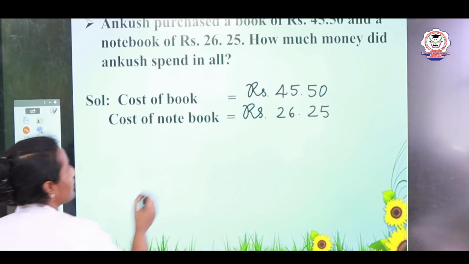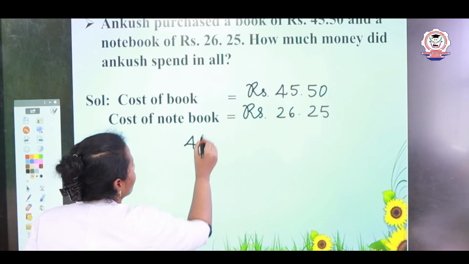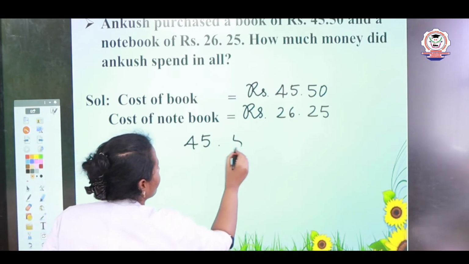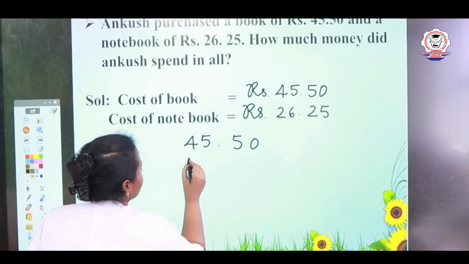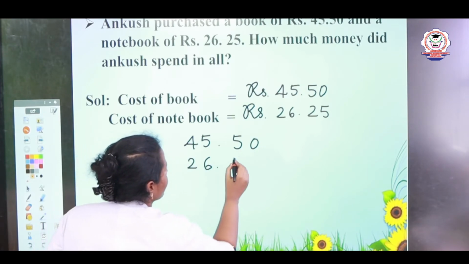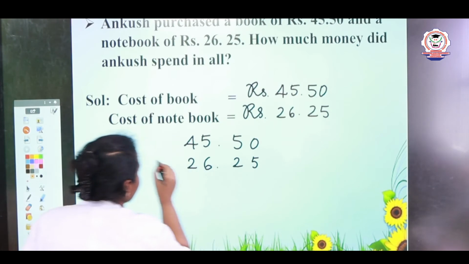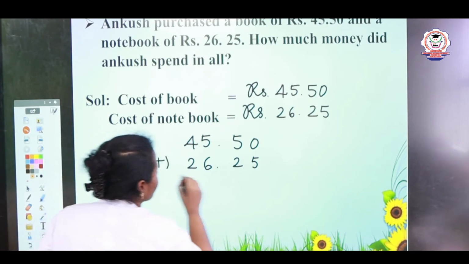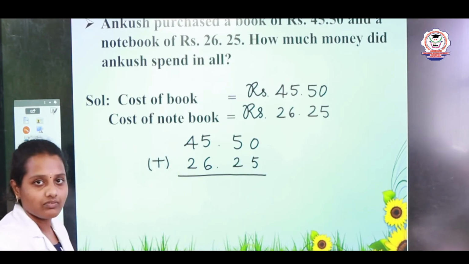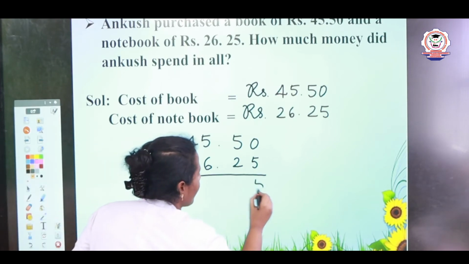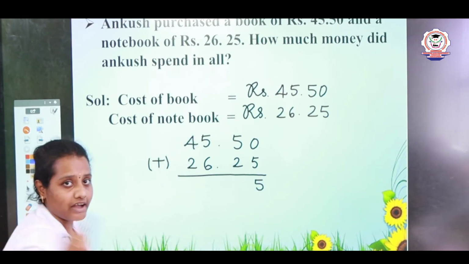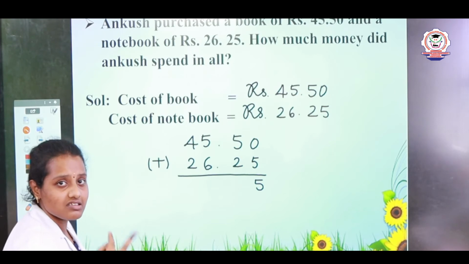Now we are going to add 45.50 and 26.25. Now add and tell me, my dear children. 0 plus 5. Very good. It is 5. 5 plus 2, keep 5 in mind, 2 in the fingers, 5 after 6, 7.